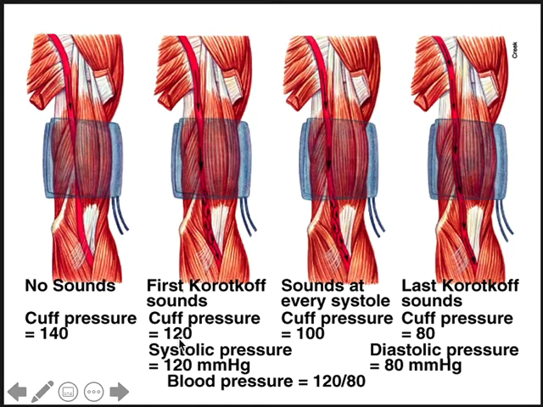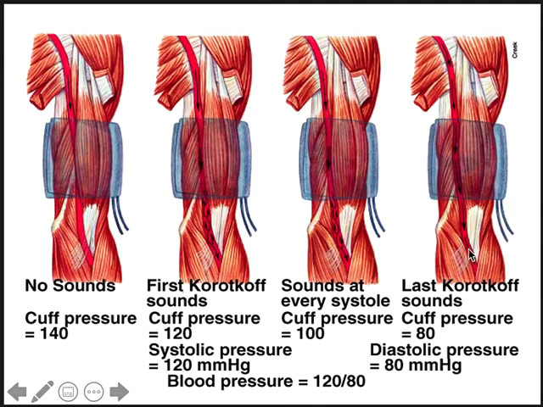We've used 120 because that's the average healthy blood pressure. You continue to slowly release the pressure in the cuff, and you're going to continue to have those Korotkoff sounds at every systole, until you reduce the pressure enough to open up the vessel once again and let blood flow freely, and that is called laminar flow, okay?